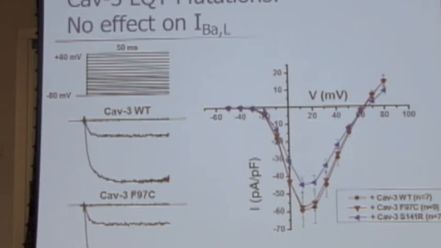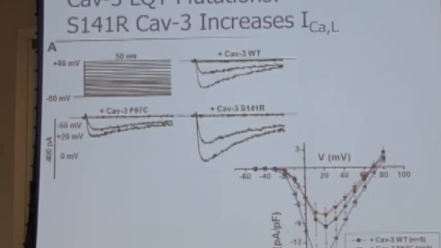And we thought more about the sodium current and late current being important for these CAV3 mutations, the F97C and S141R. And then he began to try the same experiment, but instead of using barium as the charge carrier for the calcium current, he used the more physiologic calcium and began to see some interesting things.